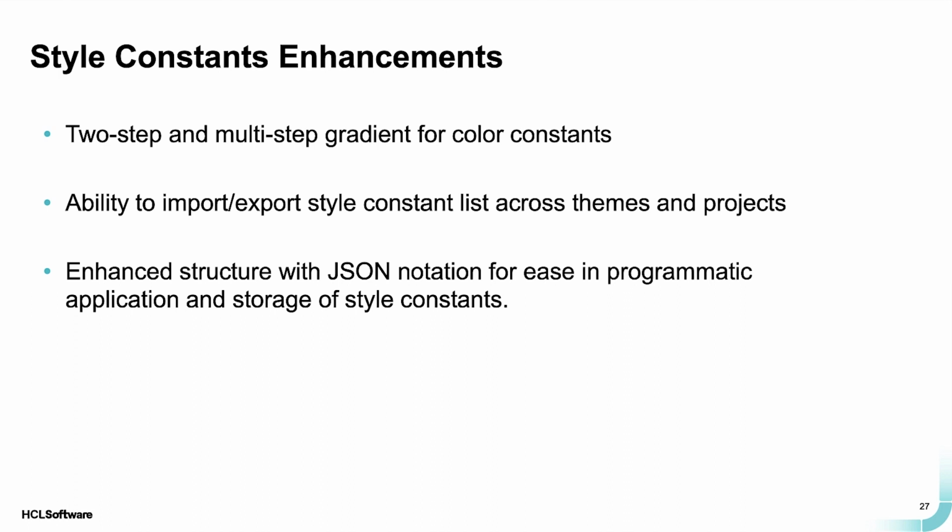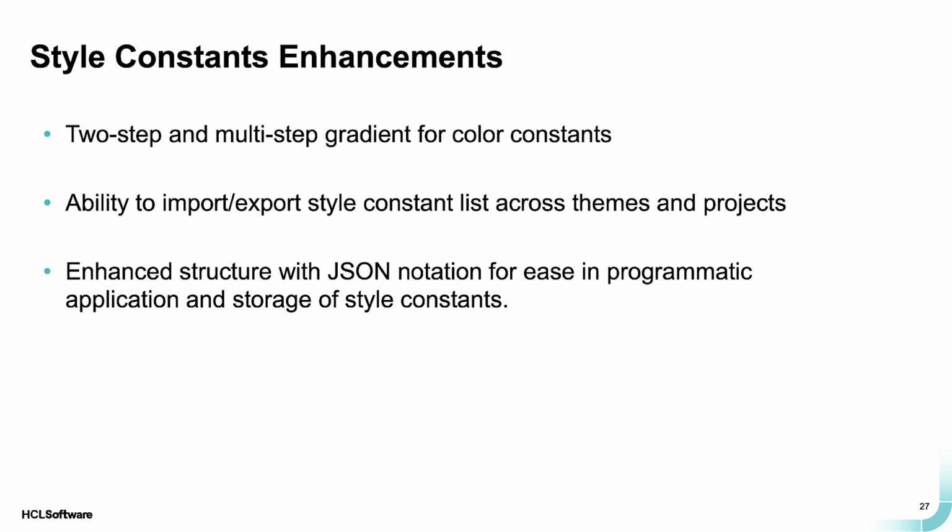You can export and import the style constant list across themes and across projects. So basically, if I have a standard color theme to follow for this app as a whole, I can just import and export it and use that to quickly switch the skins and the themes of the entire application, right? And basically, this is allowing enhanced structure for ease of programmatic application.